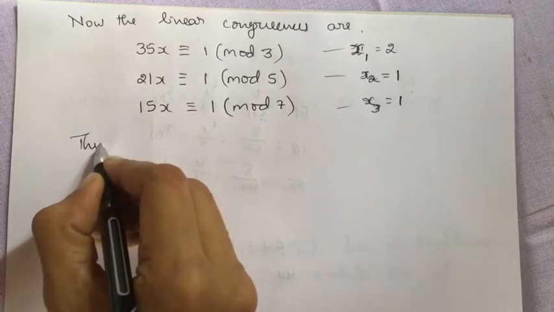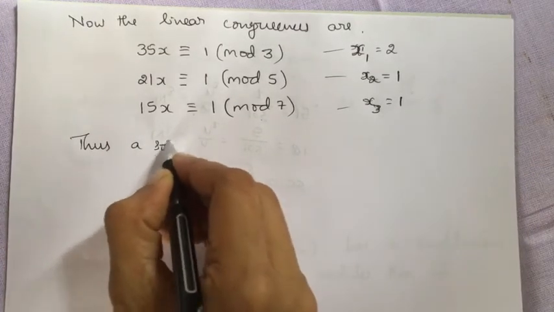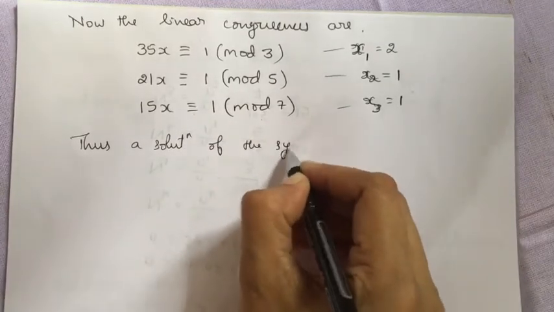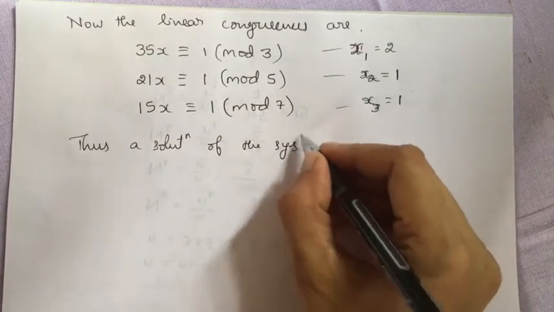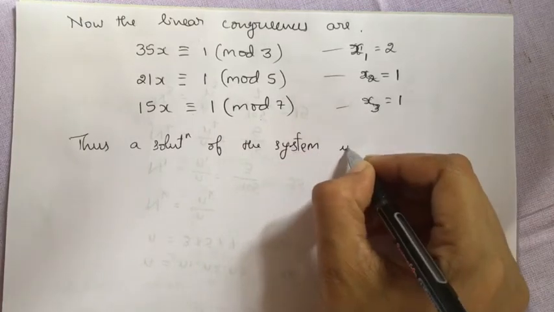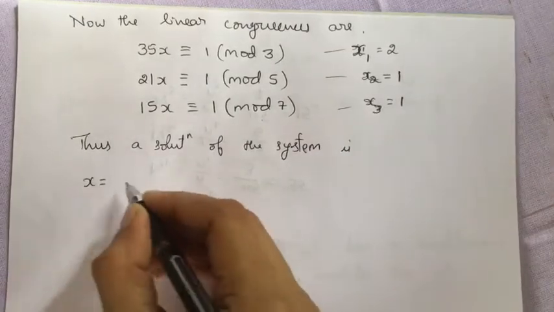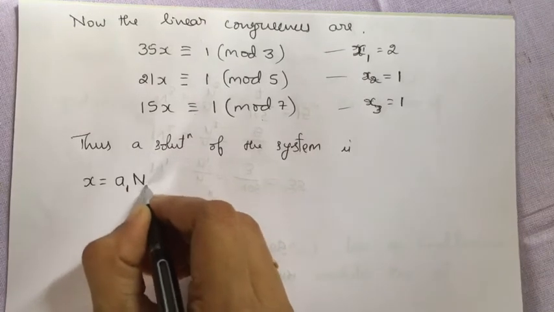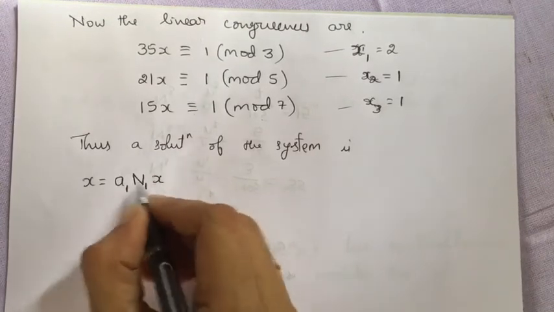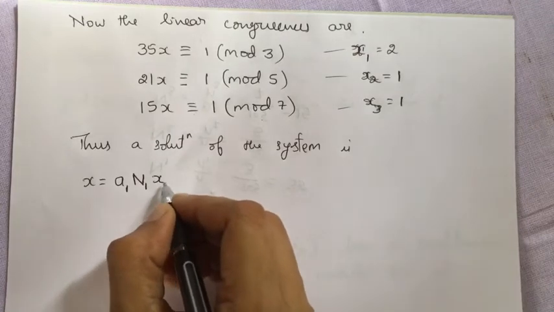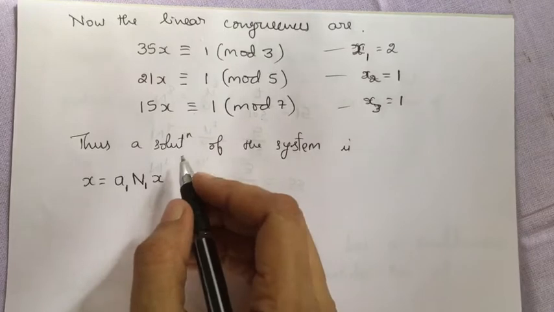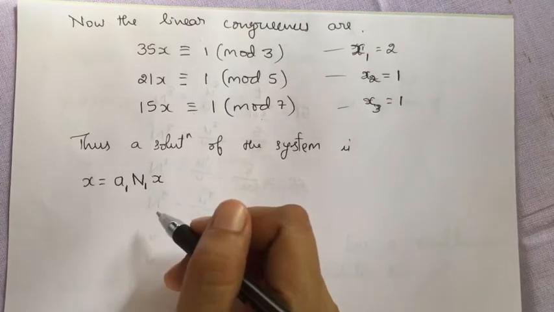Thus I can write the solution of the system of linear congruences as x equal to, see this is very important, you are combining ai's, Ni's and xi's by writing the summation of ai Ni xi, summation ranging from i equal to 1 to r.